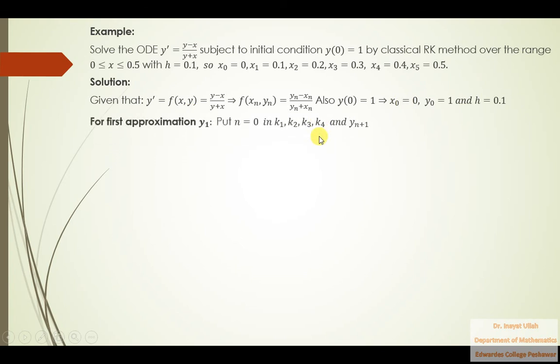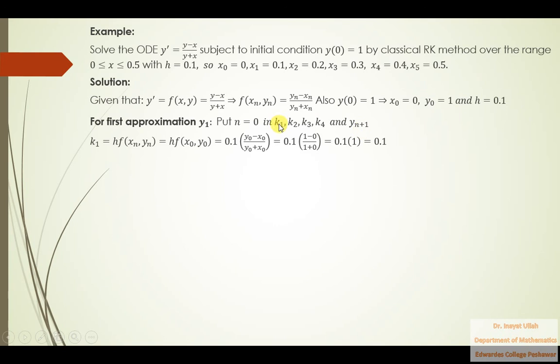For first approximation y1, keep concentrating from here, because we are going to find y1, and in the same manner you can find y2, y3, y4, and so on. So how could we find y1? We need to put n is equal to 0 in those formulas for k's and yn plus 1.